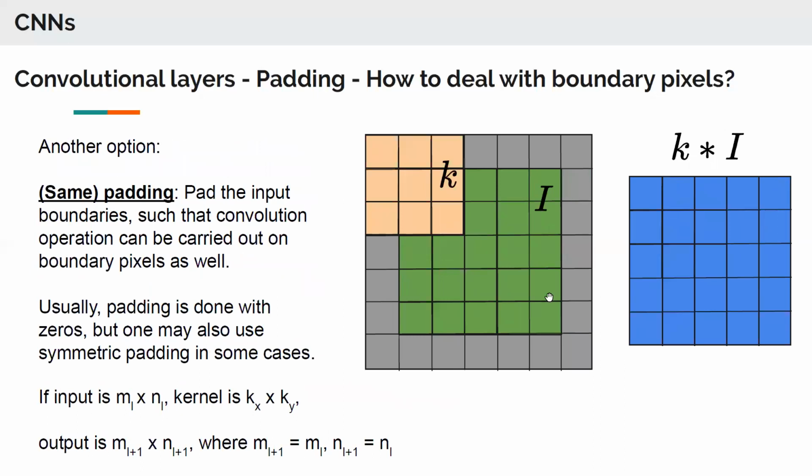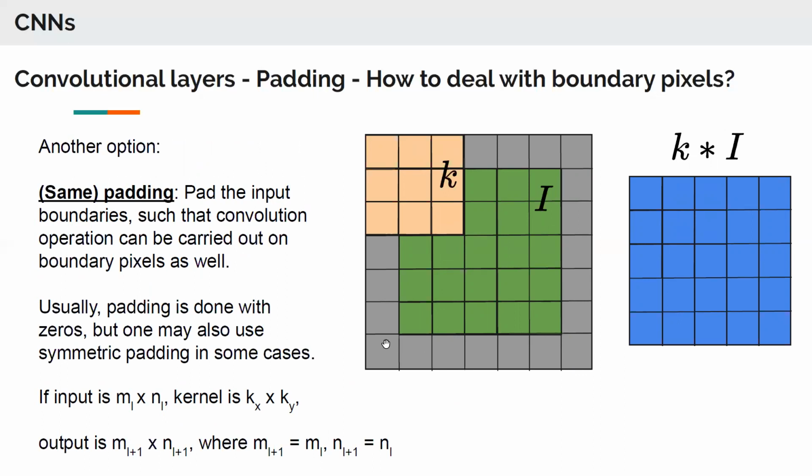Okay, a way to avoid this reduction in size is to ensure that we are able to place the convolutional kernel on all pixels of the input image. And this is done by simply padding some numbers outside the boundaries of the image.